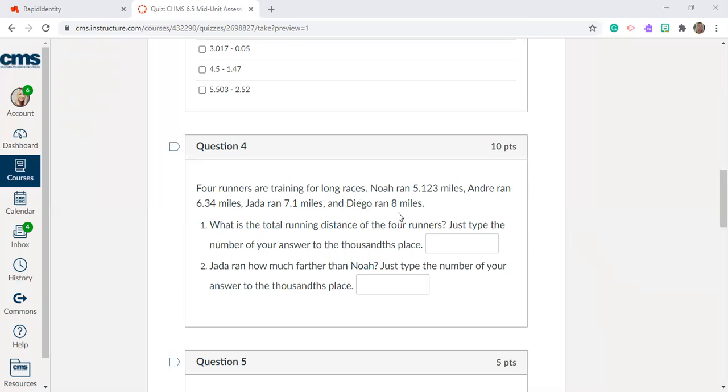And Diego ran 8 miles. What is the total running distance of the 4 runners? Just type the number of your answer to the thousandth place in this box. Go ahead and pause and do the first part of this question. You're finding the total distance of all 4 runners.